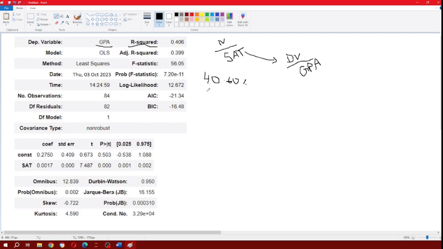So what about the remaining almost 60%, or 59.4%, of the variation? How can that be explained? That's the kind of question that the R squared coefficient can give you. If only 40% of the variation in the dependent variable can be explained by the IV, then what about the other 59.4%?